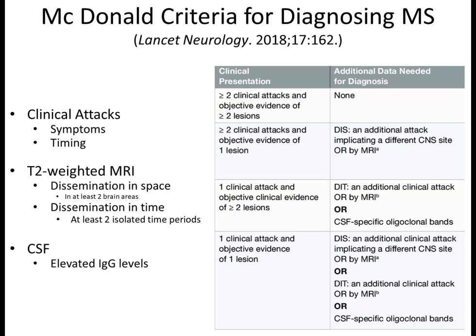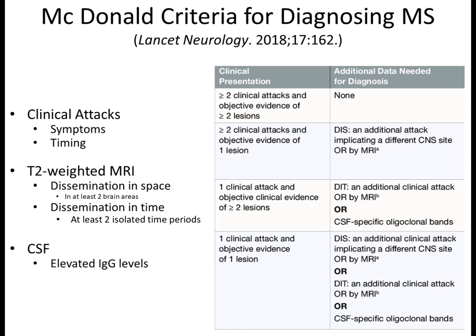Starting at the top, under clinical presentation, if you have 2 or more clinical attacks and objective evidence of 2 or more lesions on the MRI, then you can be definitively diagnosed with MS. However, if you have 2 or more clinical attacks and only 1 lesion visible via MRI, then in order to be diagnosed with MS, you need another lesion by MRI or another clinical attack that is differentiated in space.